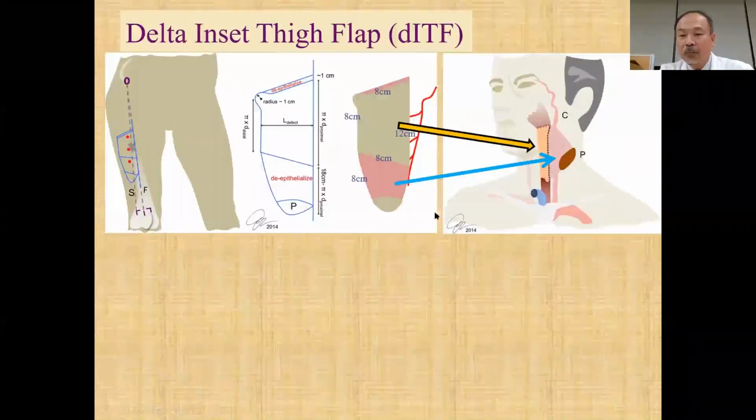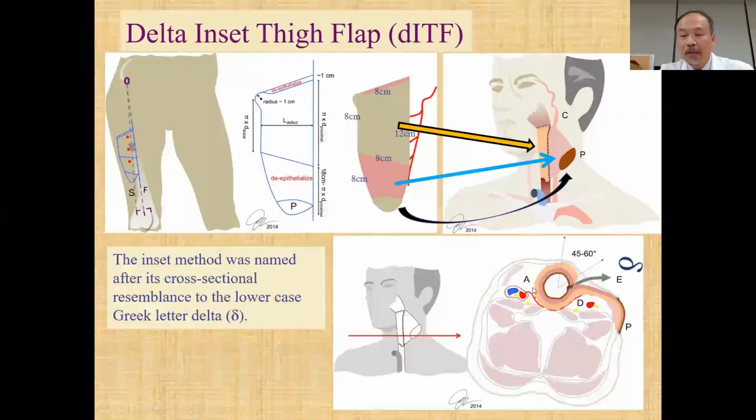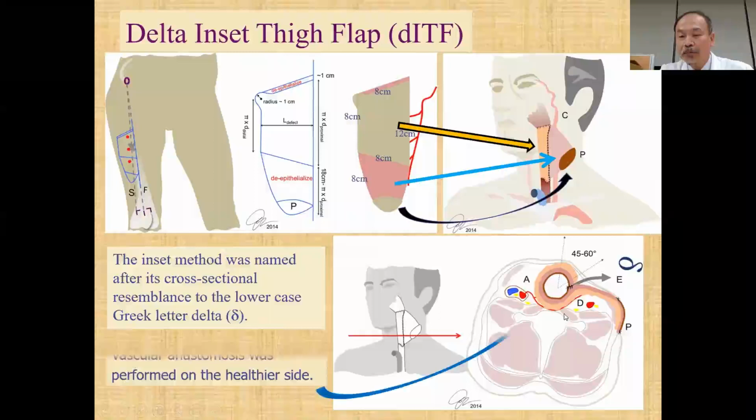The distal part is externalized for monitoring. In the cross view, we can see the flap inset like the Greek letter delta. Here, tubed for the esophagus. This part is deepithelialized and covers the friable vessel, and can divert toxic drainage. This part is externalized for monitoring. And we can put the pedicle to the contralateral healthier side.